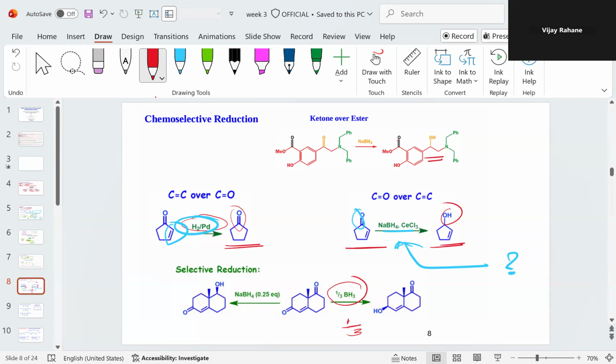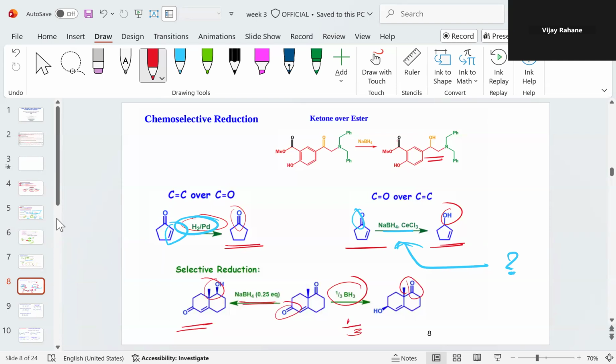It will selectively reduce the alpha beta unsaturated carbonyl compound, and it leaves this isolated ketone unaffected. But if you use NaBH4, what happens? It will selectively reduce the isolated ketone and keep the alpha beta unsaturated ketone compound unaffected.